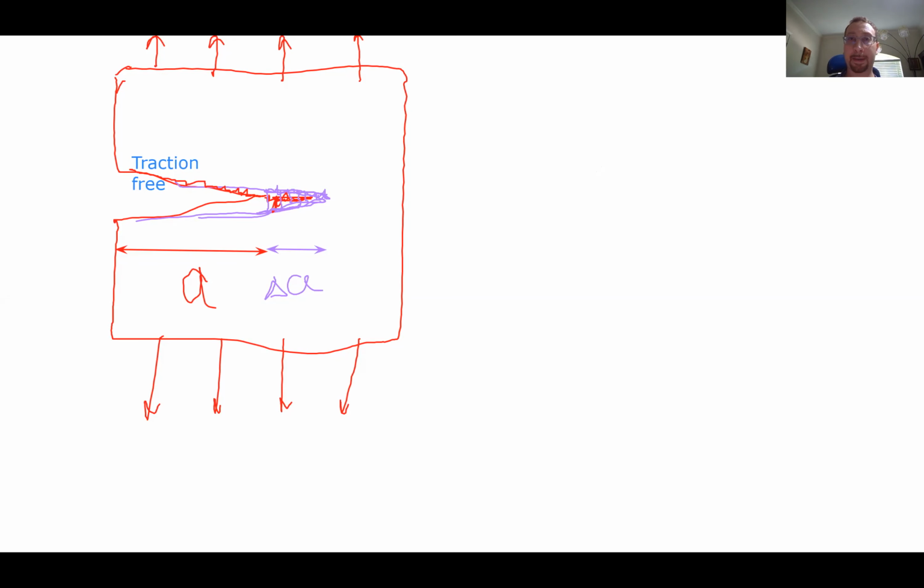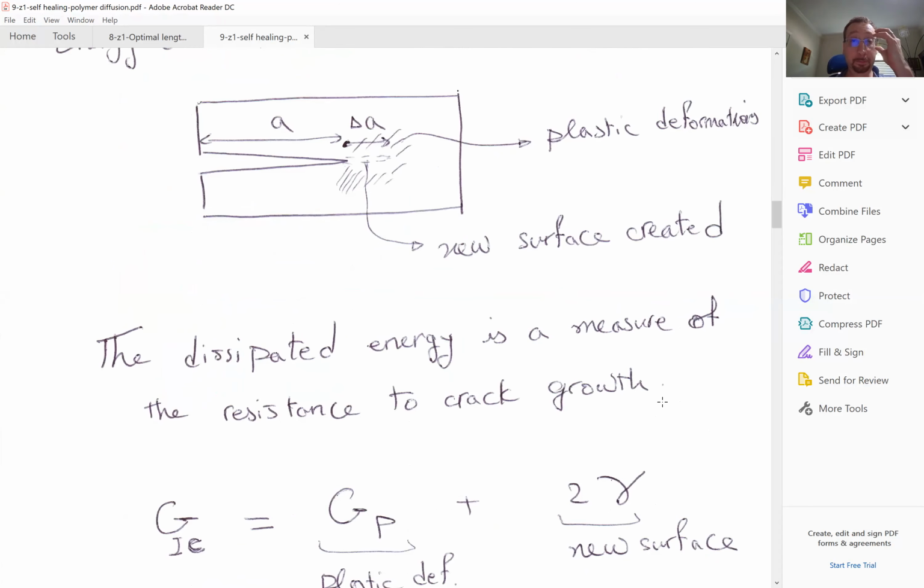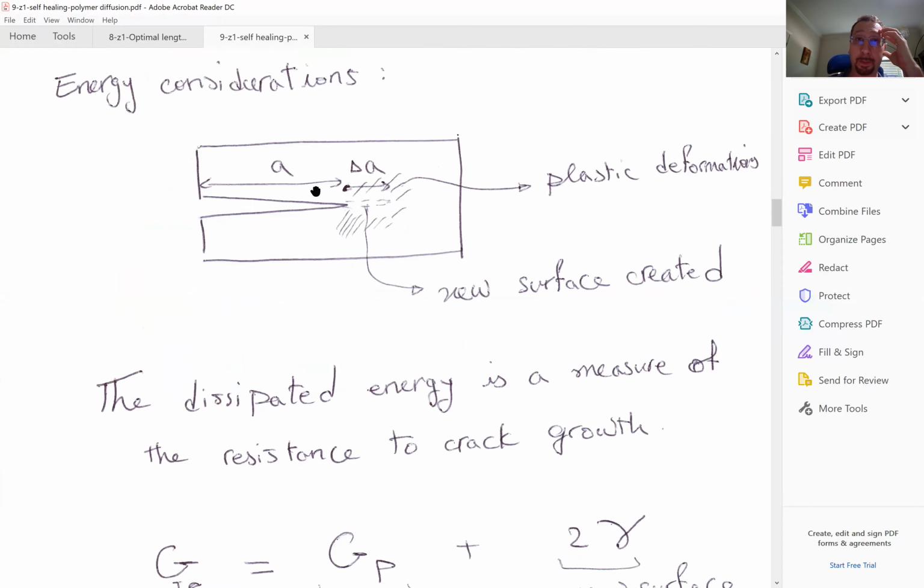If I go back to these guys, so basically this schematic is just showing us the concept that I was trying to explain to you. In the vicinity of these guys, the elastic energy is released, and this energy is used to break these bonds.